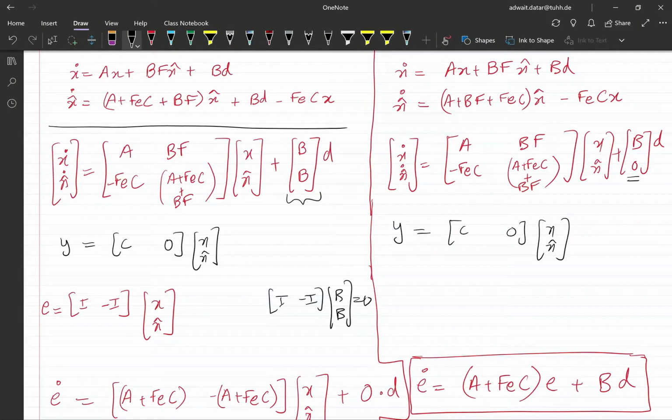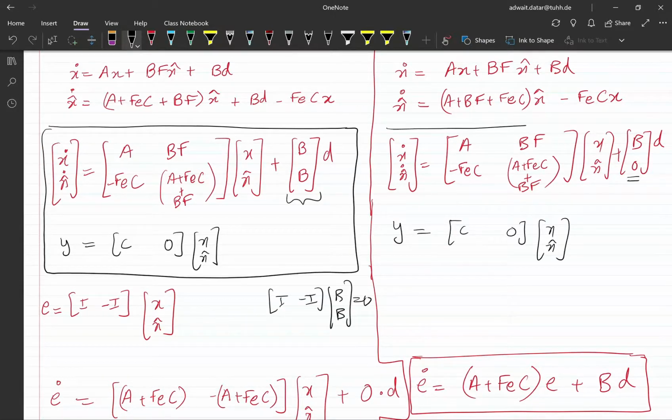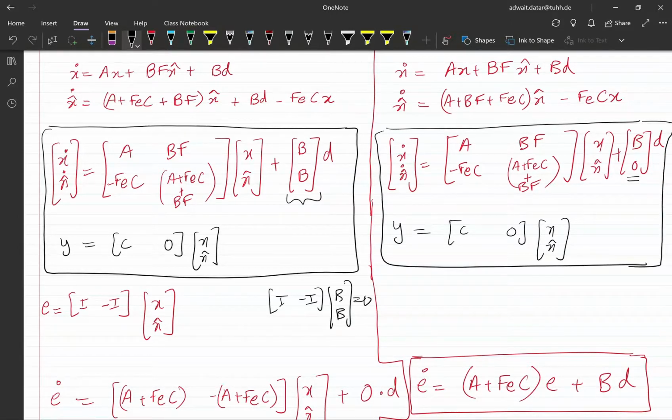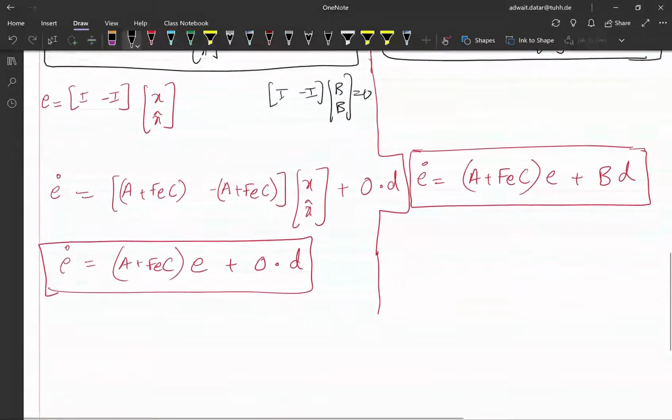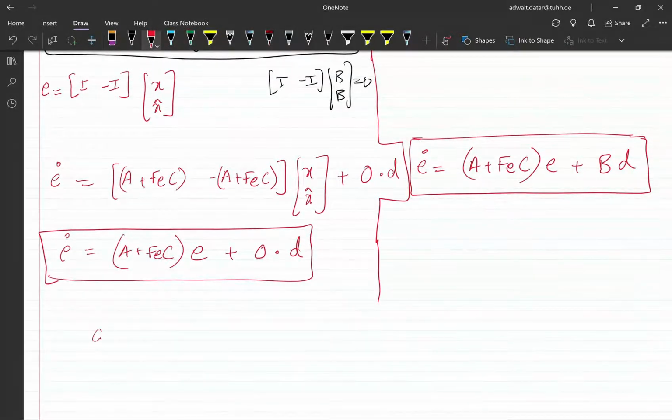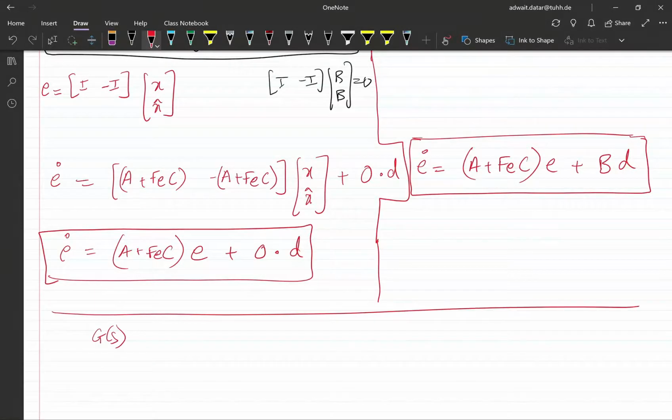So now we have the state space models for both control architectures, and we can compute the transfer functions for both cases as simply C times sI minus A inverse B. And this I now leave it to you, because we have all these matrices C, A and B.